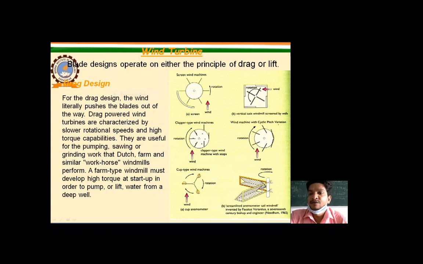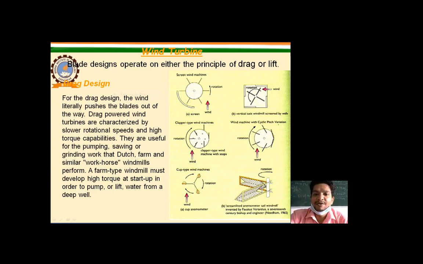So which type of power would be there? Drag power. If machines are powered with the help of drag force, then the whole machine or turbine is known as a drag powered wind turbine.